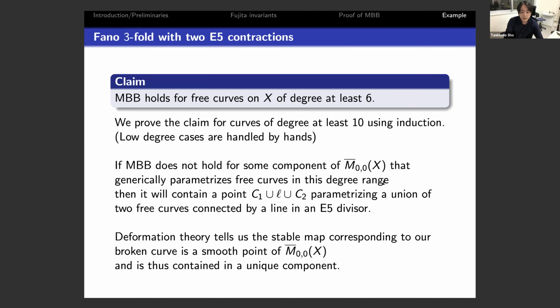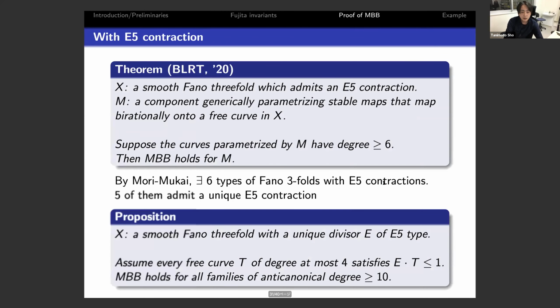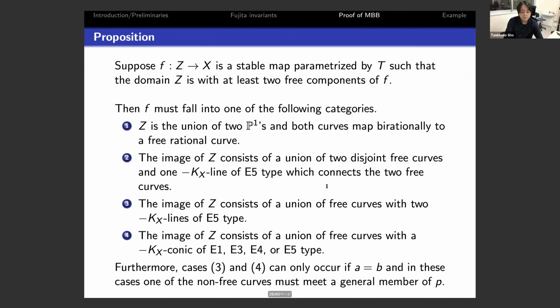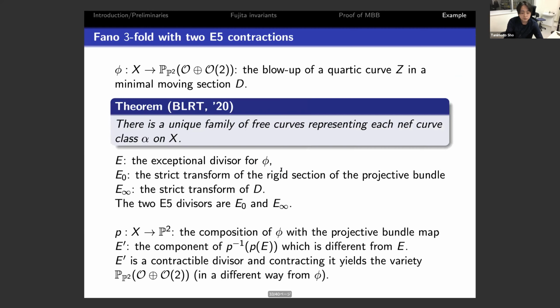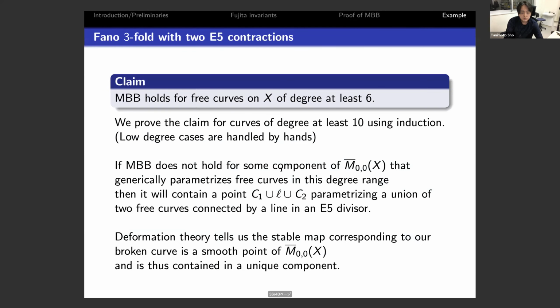Then, by the proposition we discussed here, I think the only possibility is going to be 2. So at least if MBB doesn't hold, then it will contain a point parameterizing a union of 2 free curves, C1 and C2, connected by a line L in the E5 divisor.